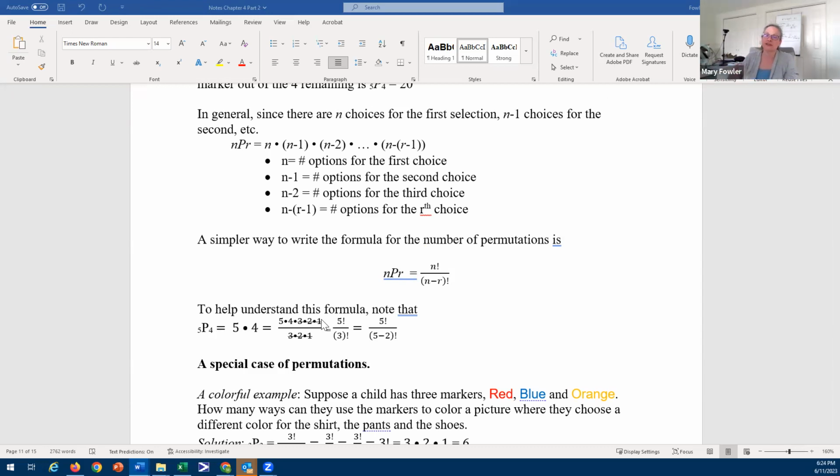And all this gives us is a more concise way of denoting the 5P2. So in this case, we have 5 factorial over 3 factorial. Okay, just different ways. These all mean the same thing. And we're going to use this factorial representation as we count options here.